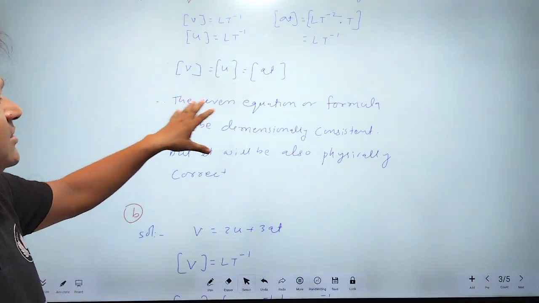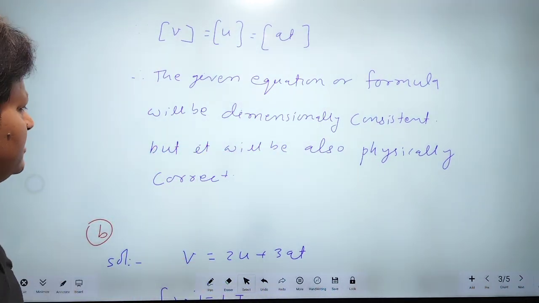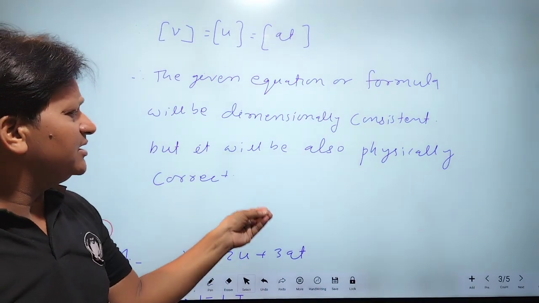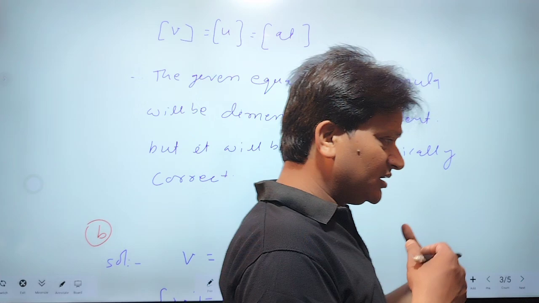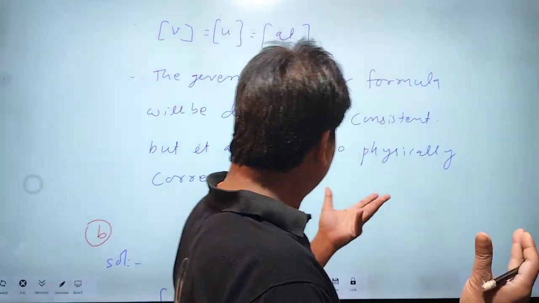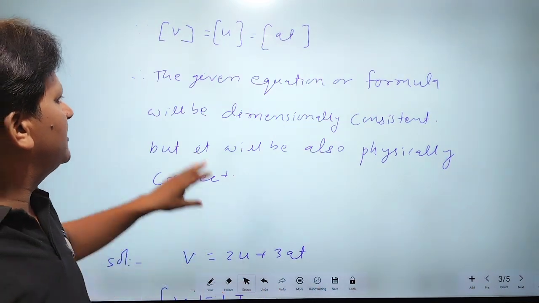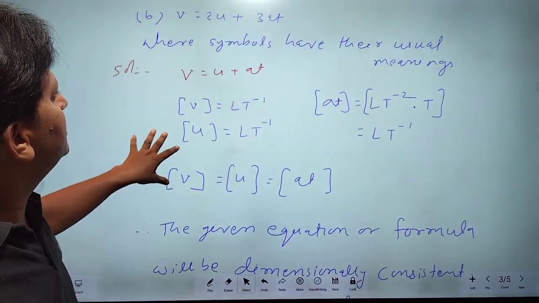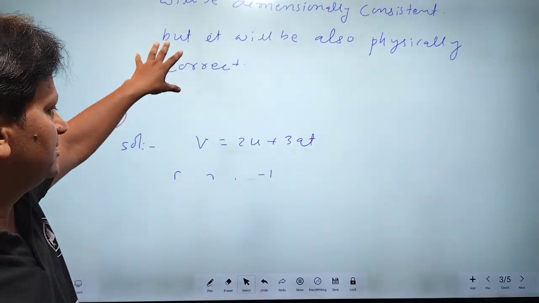Therefore, the given equation or formula will be dimensionally consistent, and it will also be physically correct. Because this formula is used in physics, therefore it is physically correct also.